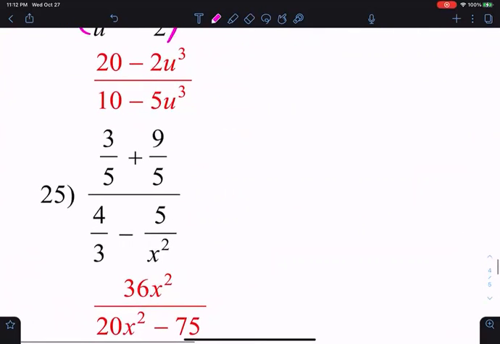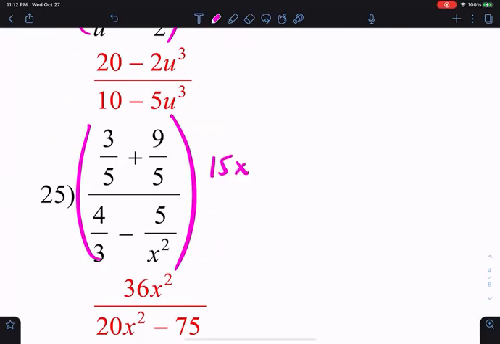25, right? So 25, what common denominator? Well, we have 5 here, so we don't need to do anything. That's going to be 15x squared, right? So we get here 5x squared, right? 15 divided by 5 is 3. Actually, this is 9. Then we have 3, and this is going to be 27x squared.